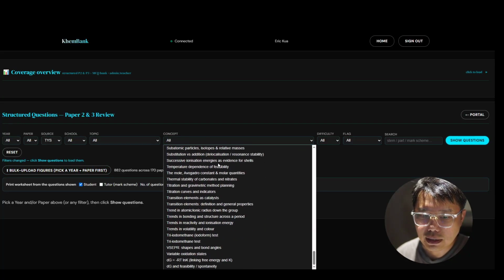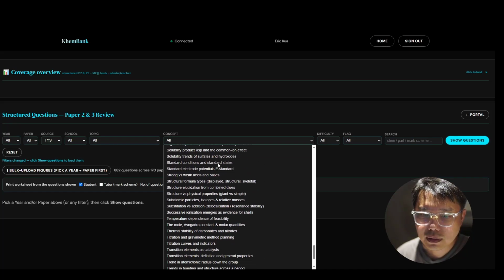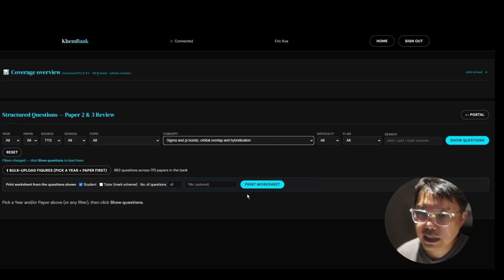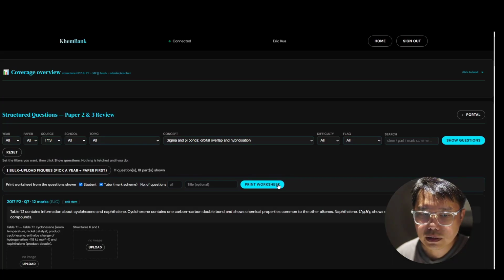We want to look at sigma bond, pi bond, orbital overlap, hybridization. Okay, so we're going to look at some questions, then show questions and print.